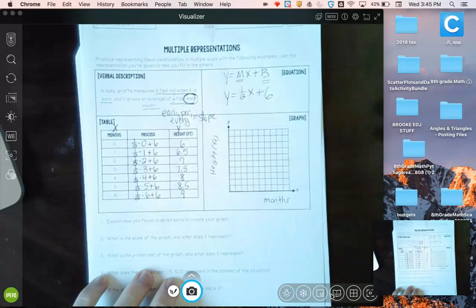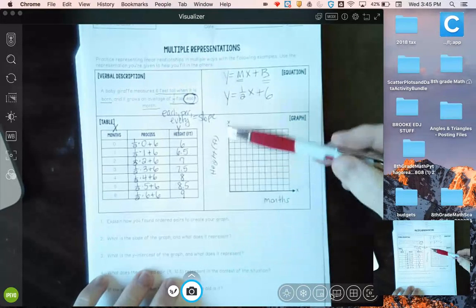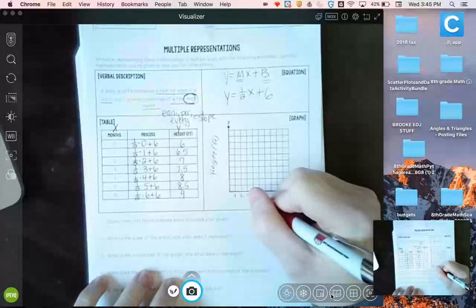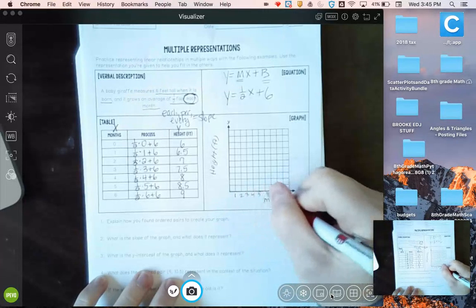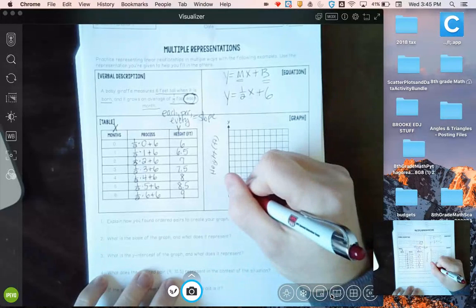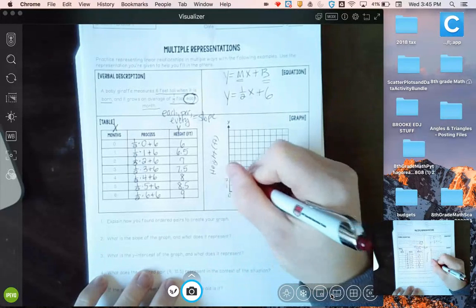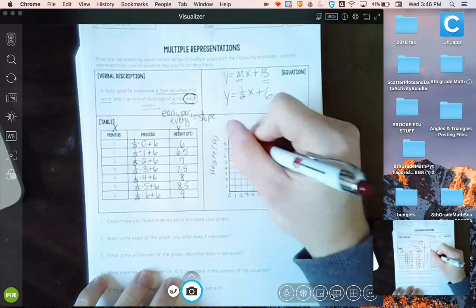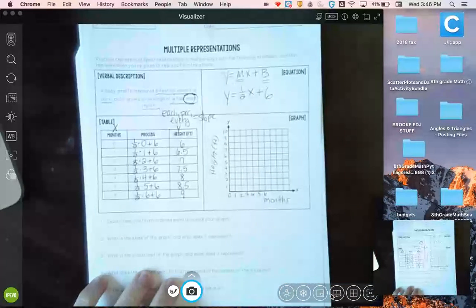Now we can do whatever scale we want, but since these are small, we can use ones. So there'd be 1 month, 2 months, 3 months, 4 months, 5 months, 6 months, with 0 months in the middle. And then the height here, 1, 2, 3, 4, 5, 6, 7, 8, 9, 10.